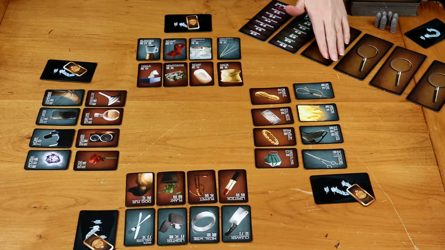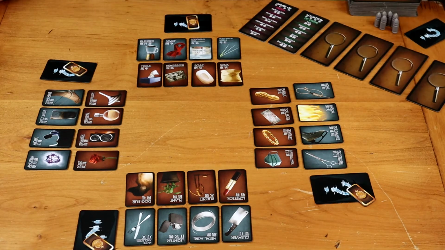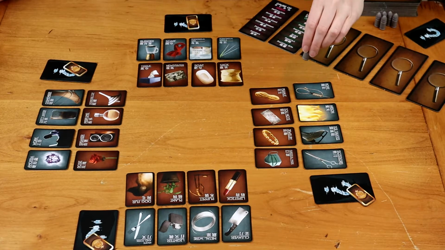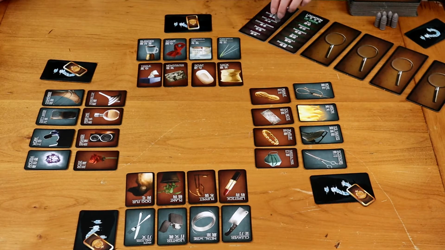Then they select 4 of these brown-backed scene cards. At this point, it is the forensic scientist's job to get the ball rolling with clues. They're going to take these markers and put one on one of the spaces on the card that makes the most sense.